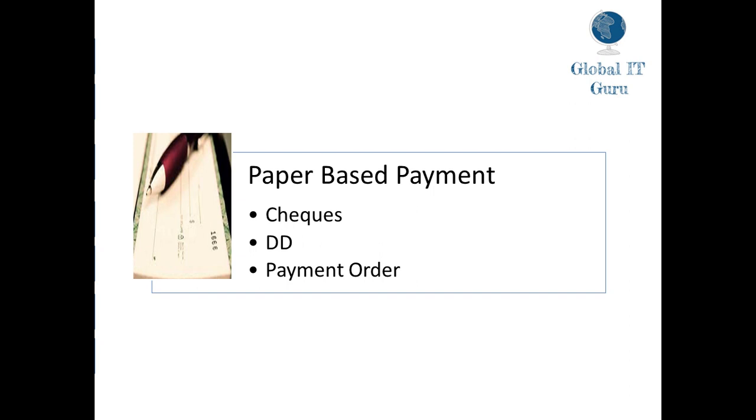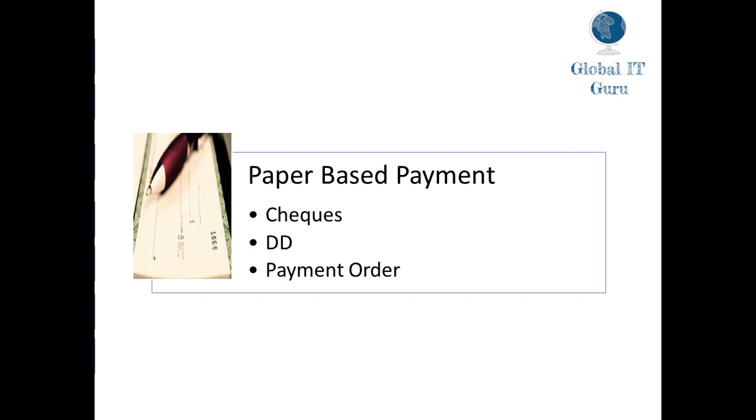Another paper based payment type is the payment order. It is similar to a demand draft, but usually issued for payment within the city.